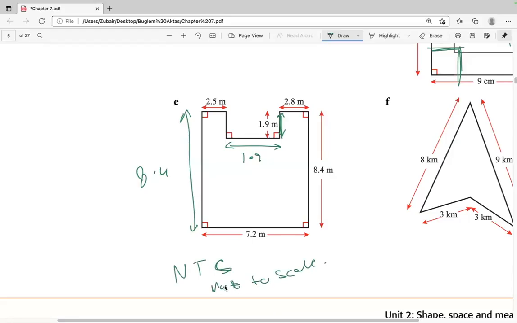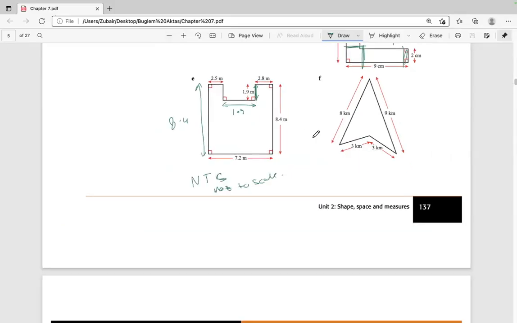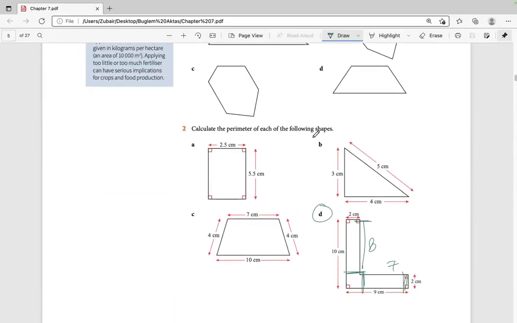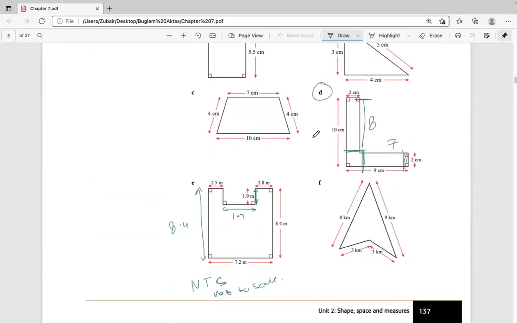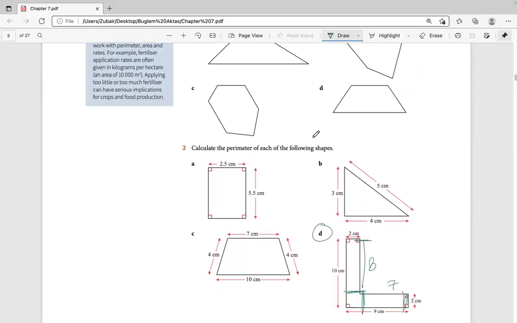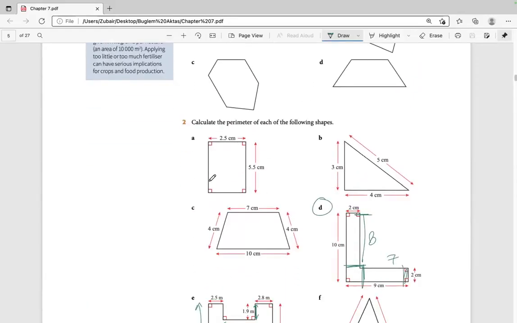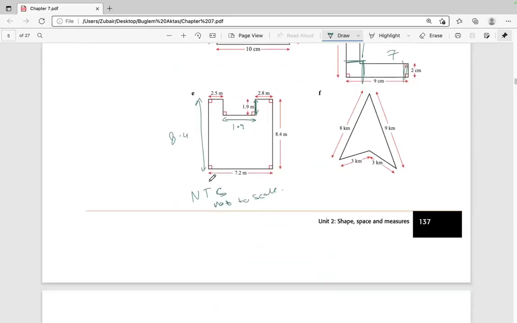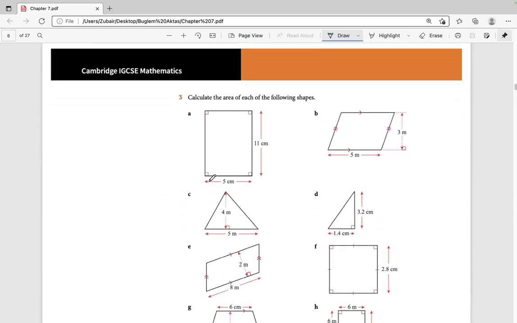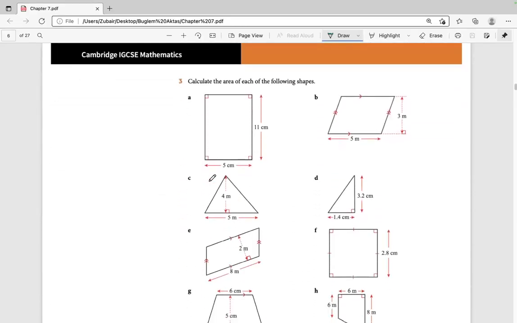It's not going to be the same. You cannot measure them. You can find them, but you cannot measure them. Okay, I'm not asking other questions because those are still simple add-ups.